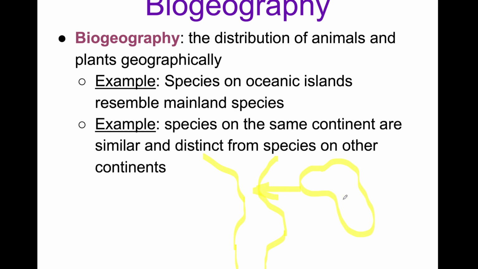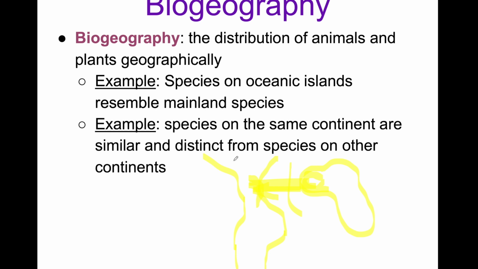Well, what scientists found was fossils of the same species in this part of Africa and the same in this part of Central or Southern America. So it's safe to say that at one point these two land masses were connected to each other and then split. And when they split, it created similar but distinct species on each continent.